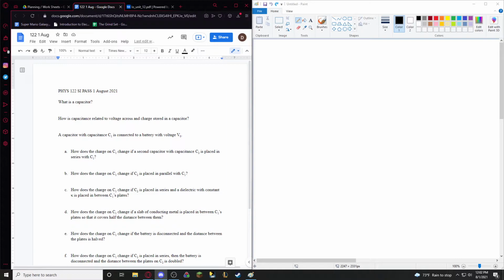And the ability to store what? The ability to store energy. So capacitance is the ability to store it, and the capacitor should be the ability to use that energy.